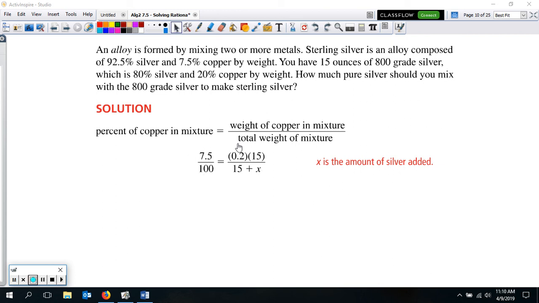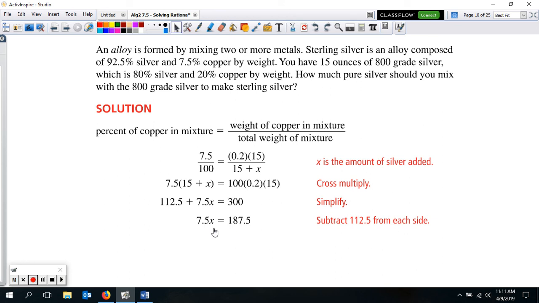So now that gives us a proportion that we can now cross multiply, and that's what they're going to show us how to do here. So 7.5 times our 15 plus x, 100 times these two, so actually three things multiplying each other. Distribute these two, 7.5 into these two here, 112.5 plus 7.5x. All of this multiplies to give you 300. So we'll subtract that 112.5.